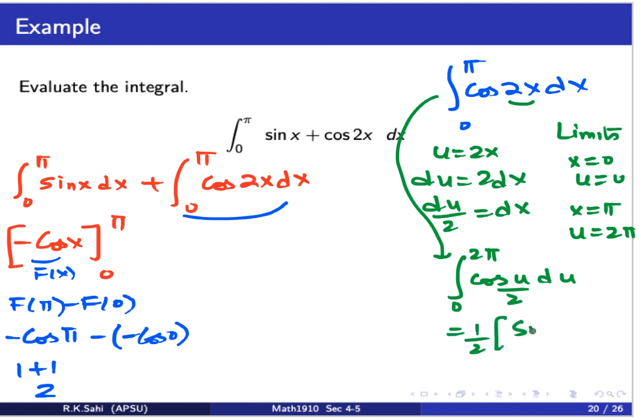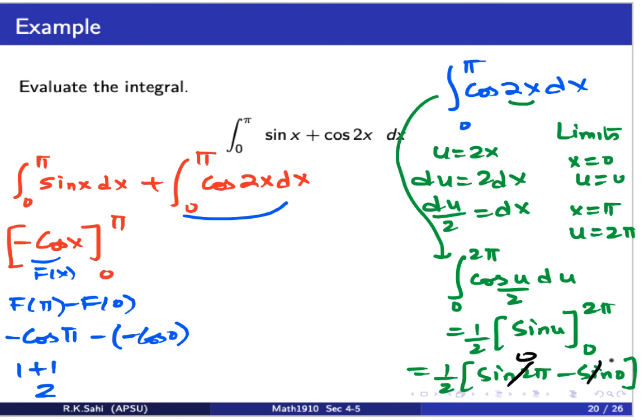What do we have? Sine of u from 0 to 2 pi. Plugging in by the fundamental theorem of calculus, this is sine of 2 pi minus sine of 0. Now we all know that sine of 2 pi and sine of 0 are 0. So basically this whole part is 0. So this second integral of 0 to pi cosine 2x is simply 0. So the final answer is 2.